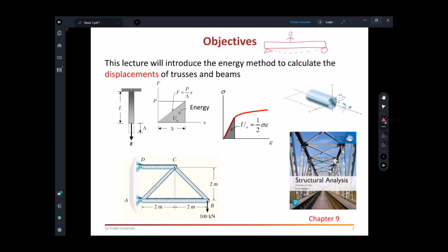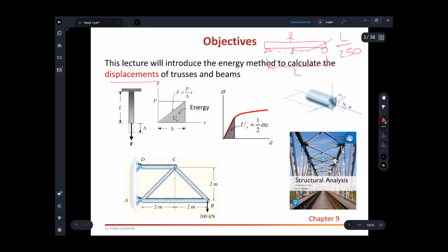Okay, and Australian standards tell us some limit that we're going to use. Australian standards tell me that if the length over 250, L/250, is the allowable deflection in the beam, then you calculate a deflection using these methods.